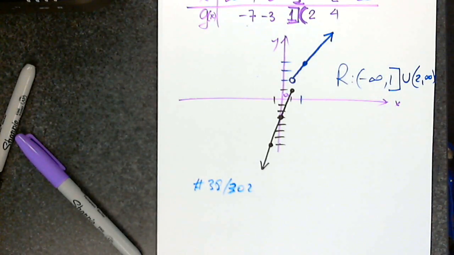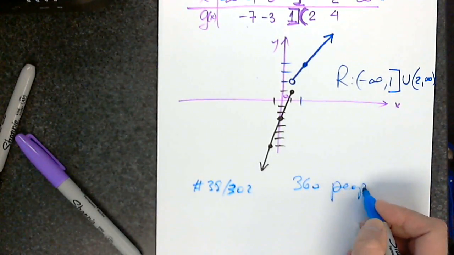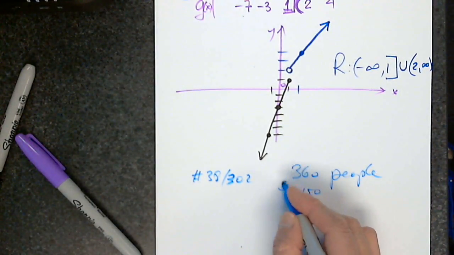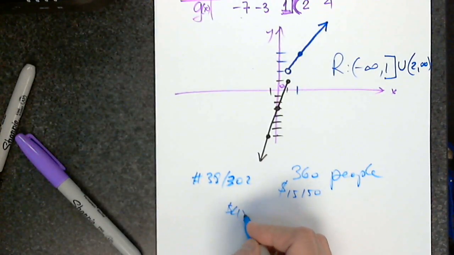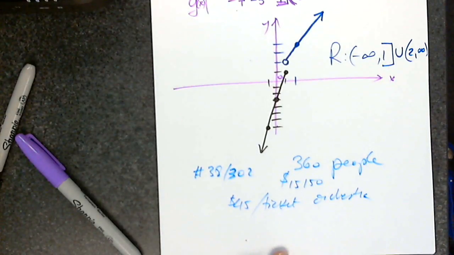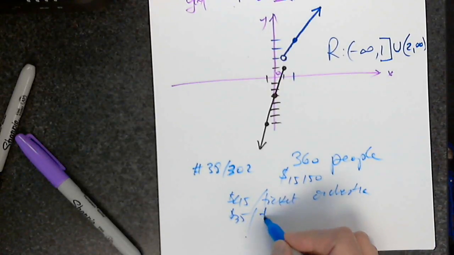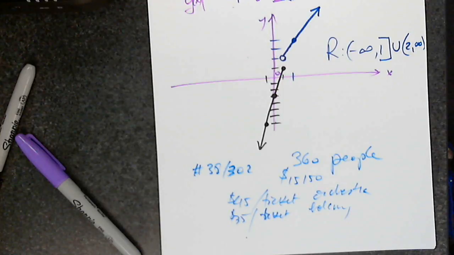The Forest Theater can seat a total of 360 people. They take in $15,150 when every seat is sold. If orchestra section tickets cost $45, and balcony tickets cost $35, find the number of seats in the orchestra section and the number of seats in the balcony.